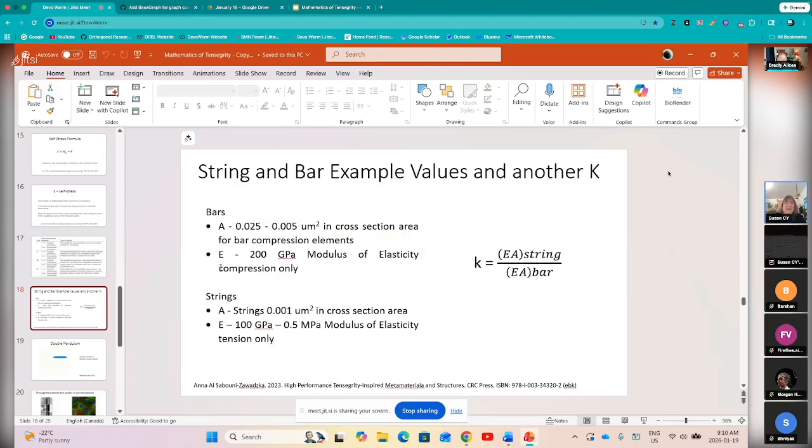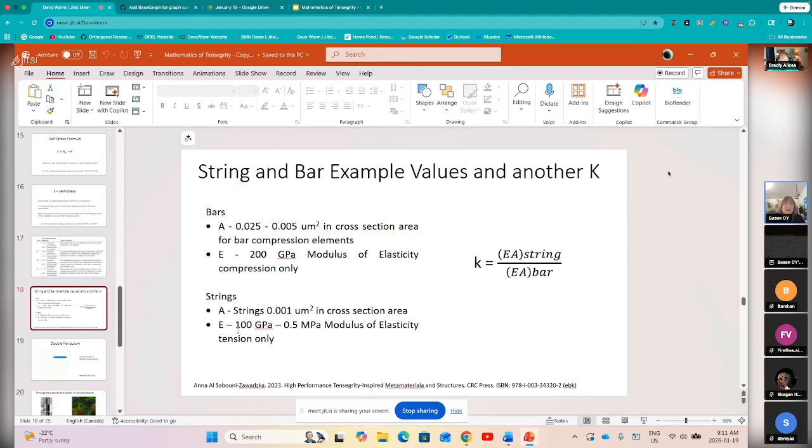Anyways, you can see the elasticity of the bars is 200 GPa, which is like steel. And this is according to Dr. Ingber and other people. And the strings also have a high elasticity, so they're fairly stiff.